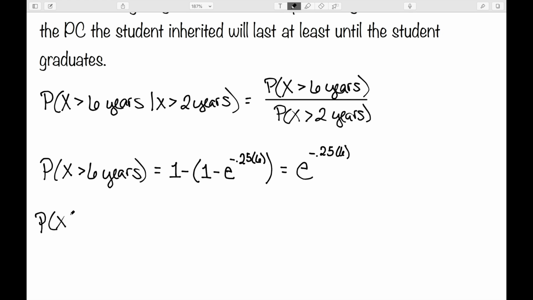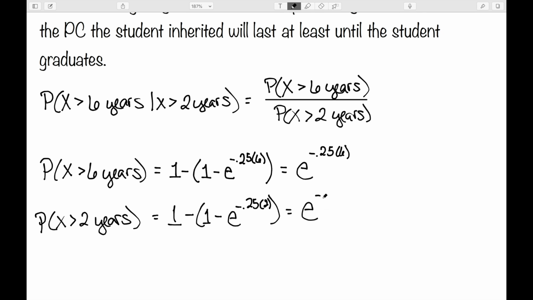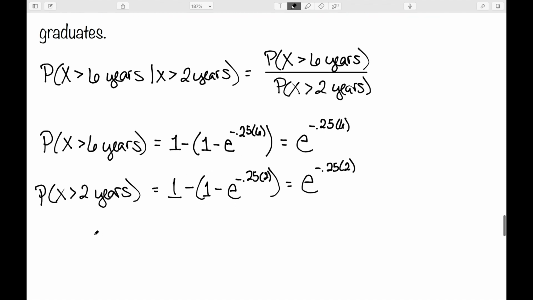The probability that it lasts more than 2 years. Once again, since this is a greater than, we need to do 1 minus the CDF, which simplifies to e to the negative 0.25 times 2.